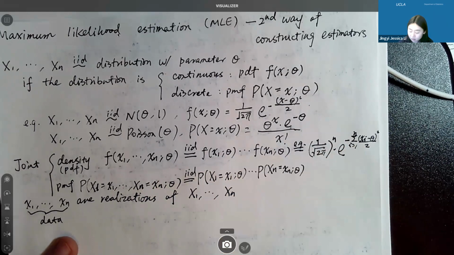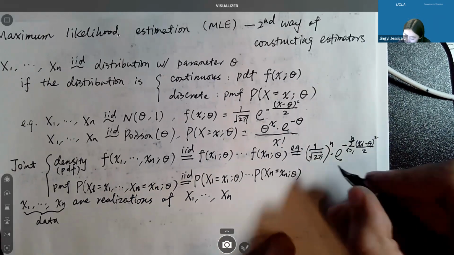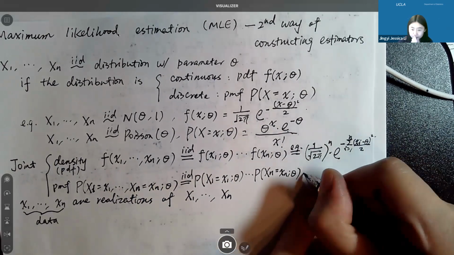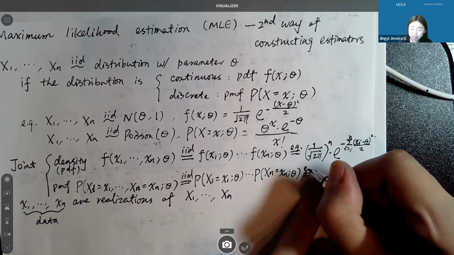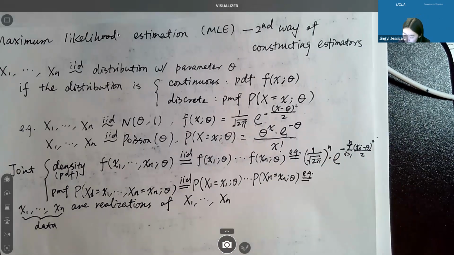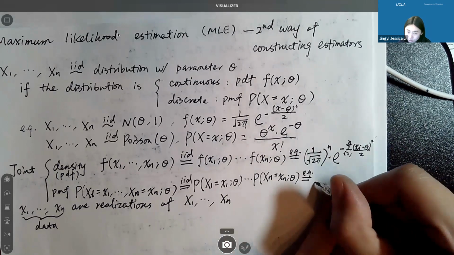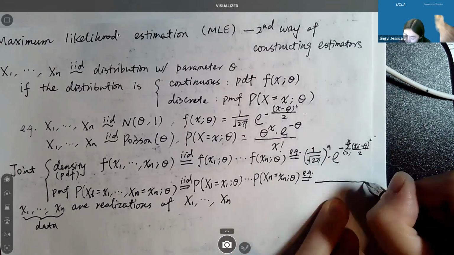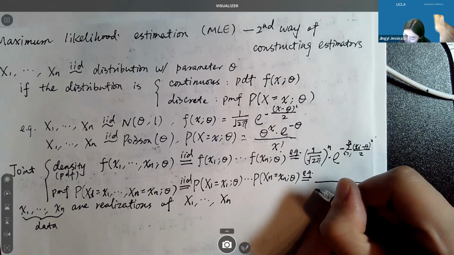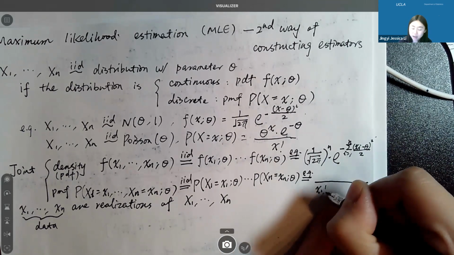Okay, and now let's use the Poisson case. If it's that example up there, then I'll just simplify the algebra and write the result. We're going to have x1 factorial multiplied through xn factorial in the denominator.